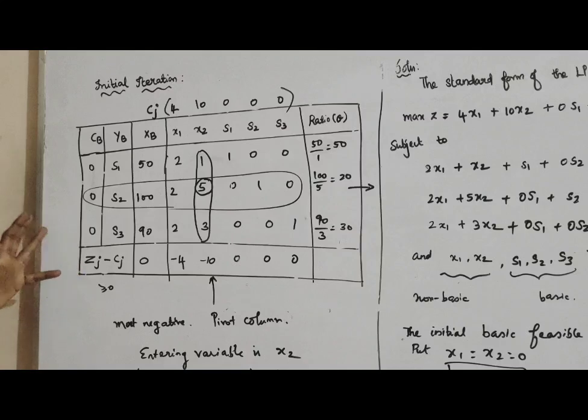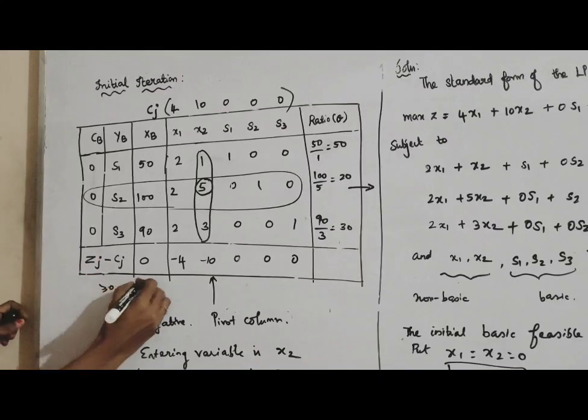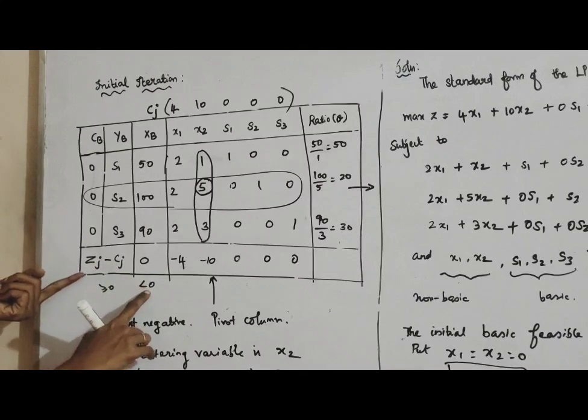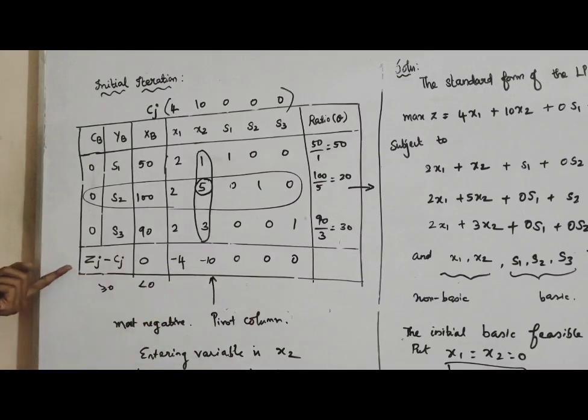Otherwise, if at least one of the Zj minus Cj values is less than 0, you have to proceed to the next iteration by finding this pivot element.